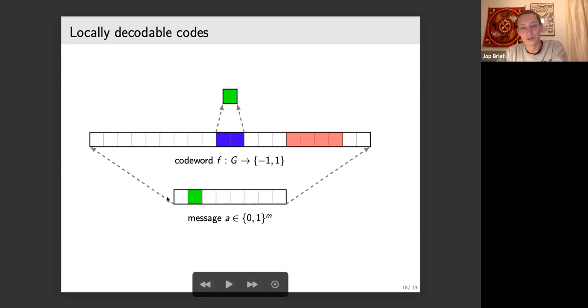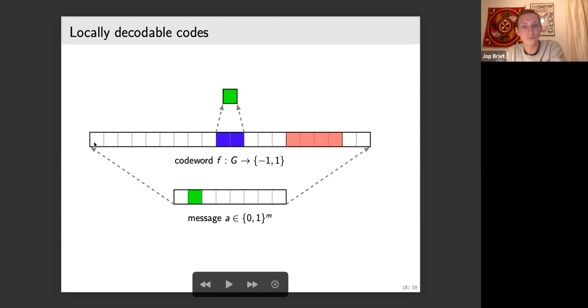So what a locally decodable code does is it encodes a message, say an m-bit binary string, into a typically longer code word that in this setting you can think of as a function that maps a finite abelian group to -1, 1. So in this case, the coordinates of the code word are indexed by the elements of your group.